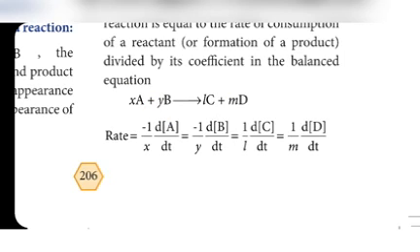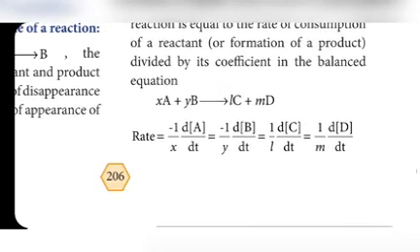For this reaction we can write rate. Already you know the formula for rate: change in concentration of reactant or product divided by time taken. Divided by time taken only, that only dt is given. Change means difference.